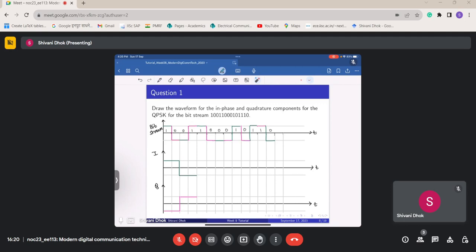After this particular one, we have another one. However, this one will go in the in-phase component, like this. Then we have this 0. However, this will go to the quadrature component.